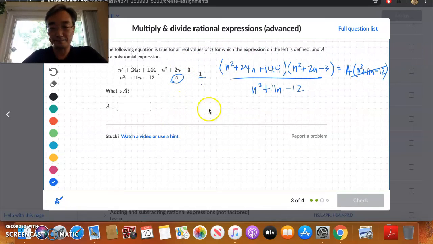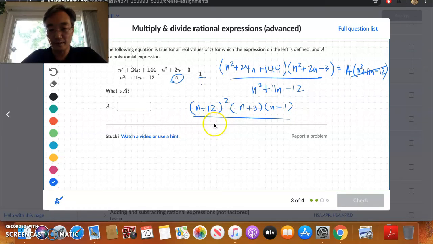But we have to simplify it, right? So let's simplify it. Perfect square trinomial, right? So this one's going to be n plus 12 quantity squared times, this is pretty easy too, n plus 3 times n minus 1, all over, and this is also pretty easy too, that's going to be n plus 12, n minus 1. Okay, and let's cancel.